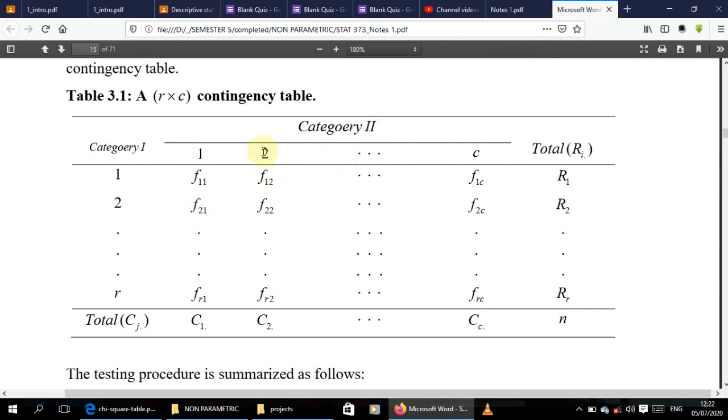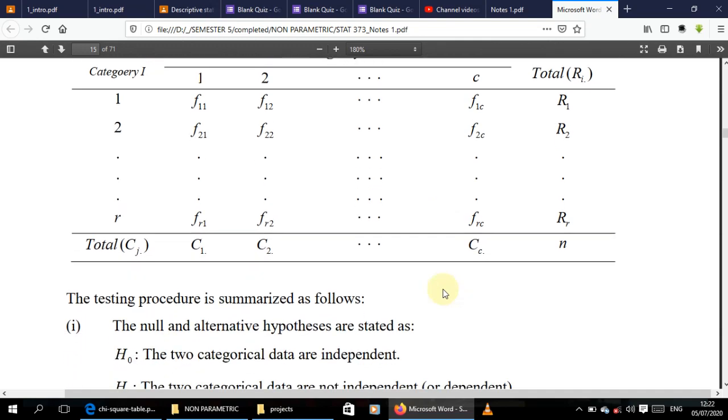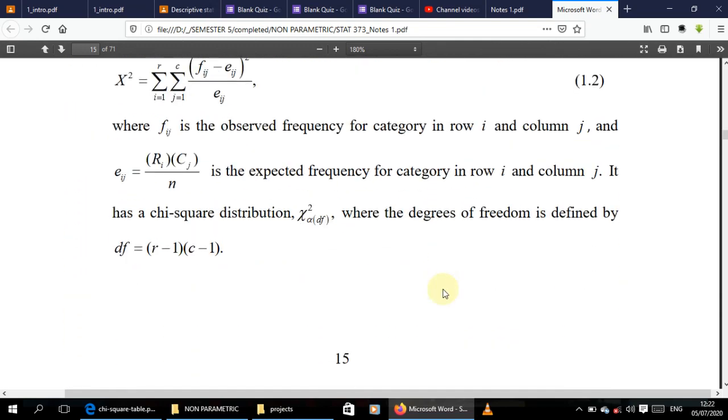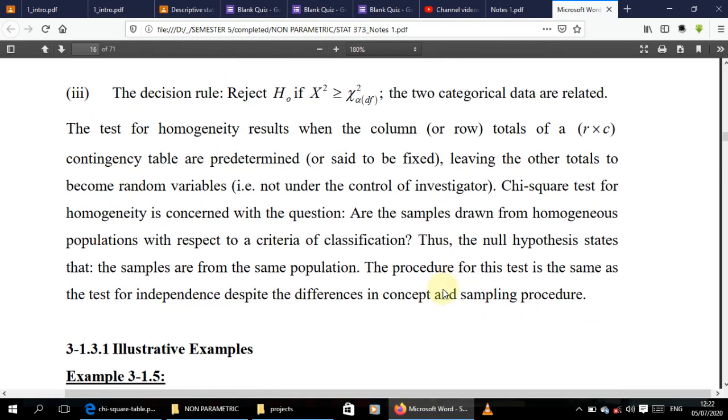We don't say that we are going to take 10 males, maybe 20 females. We don't fix any value. But for homogeneity, the row totals may be fixed, even before starting to know the column totals. That is what will be done in chi-square homogeneity. That's the only difference, but the whole procedure in testing the hypothesis is the same thing.